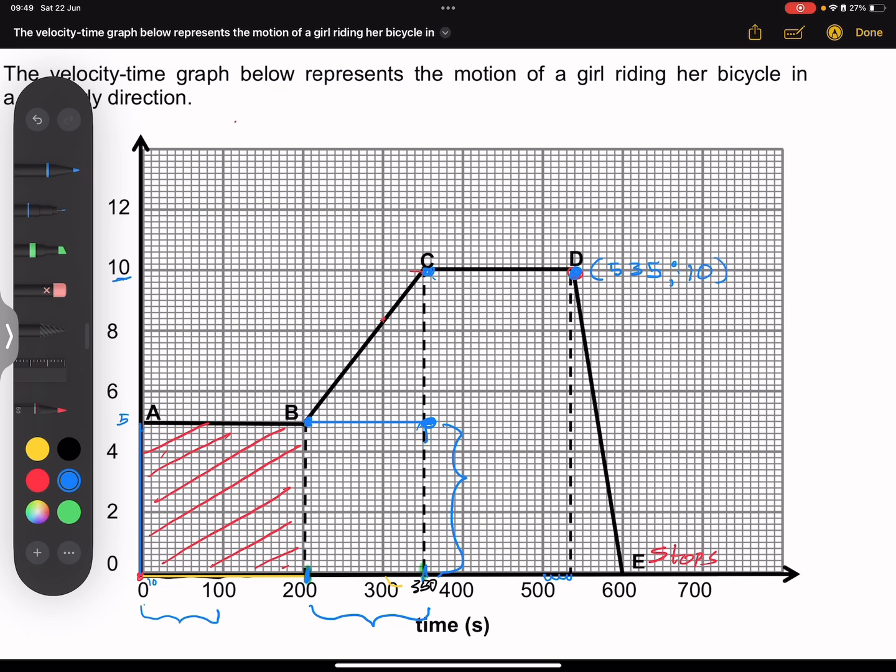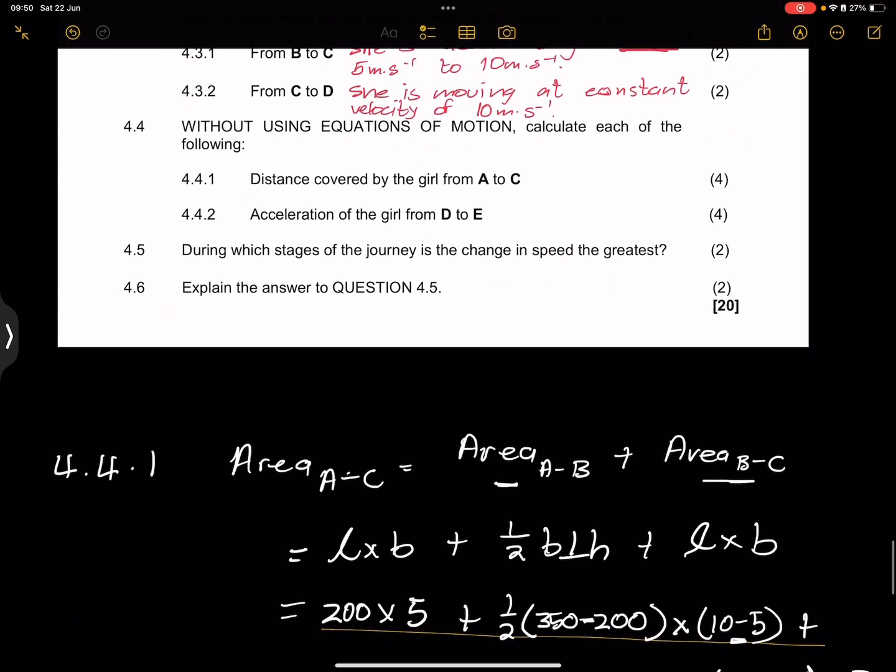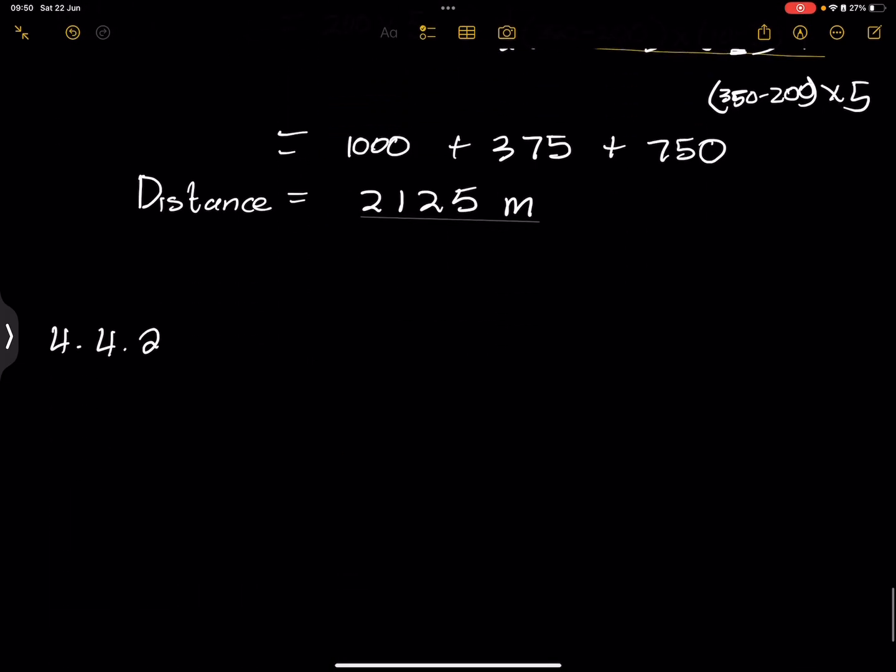But then we get to this point here, 600. So our time is 600 and our velocity is 0. We're looking for the acceleration between D and E. So acceleration from D to E would be change in velocity divided by the change in time.